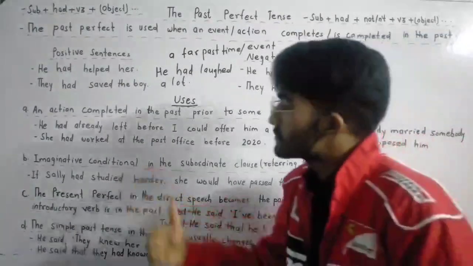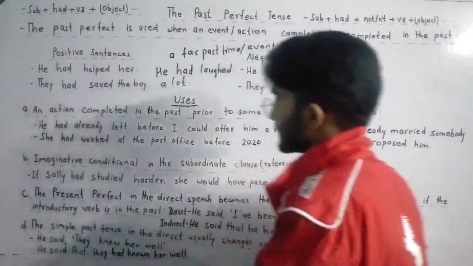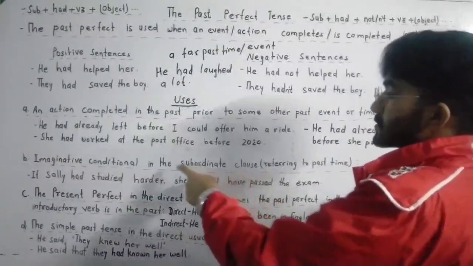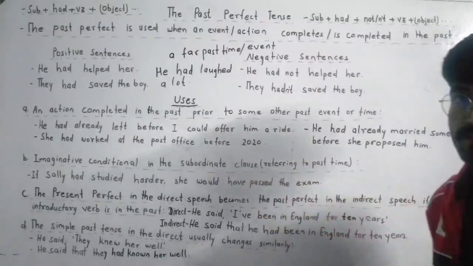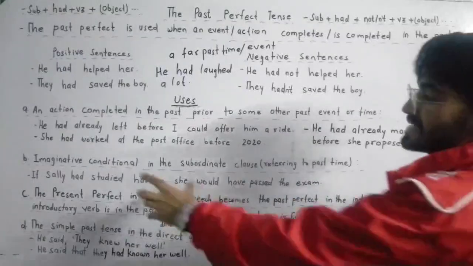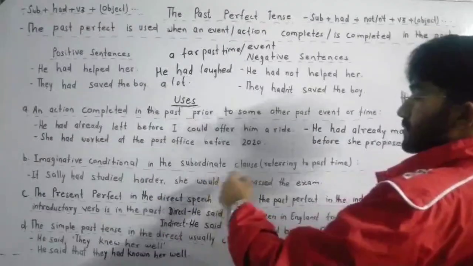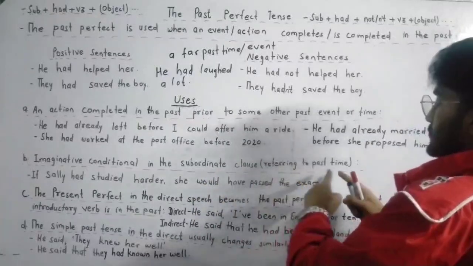And one of the uses you can see here: imaginative conditional in the subordinate clause. The subordinate clause is also called the dependent clause. Imaginative conditional in the subordinate clause or dependent clause, referring to past time.